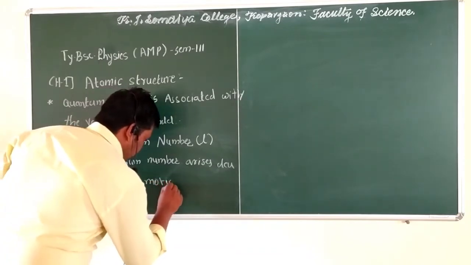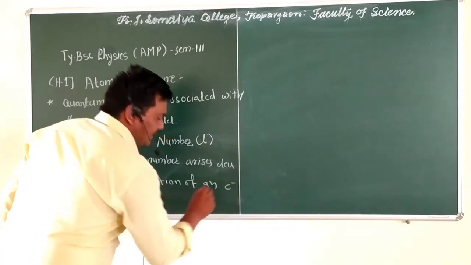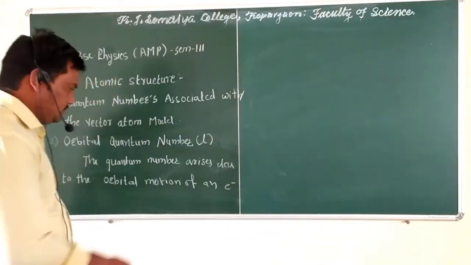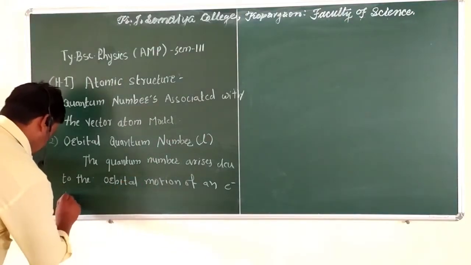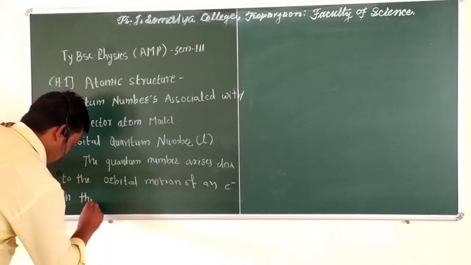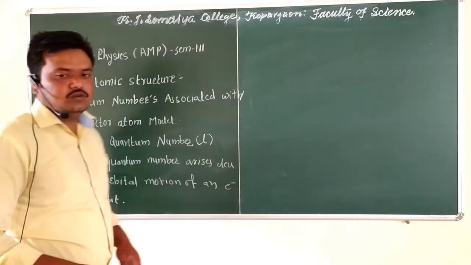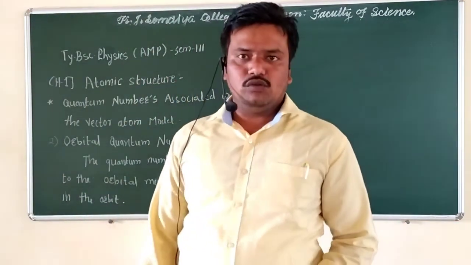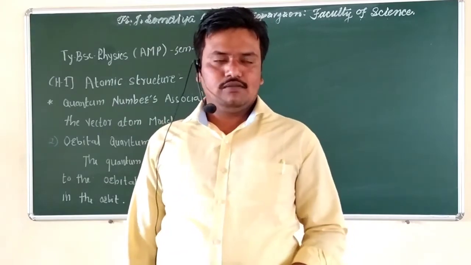So the second quantum number is the orbital quantum number, which is denoted by small l, and this quantum number arises due to the orbital motion of an electron in the orbit. This gives rise to the orbital angular momentum of an electron, that is L bar.